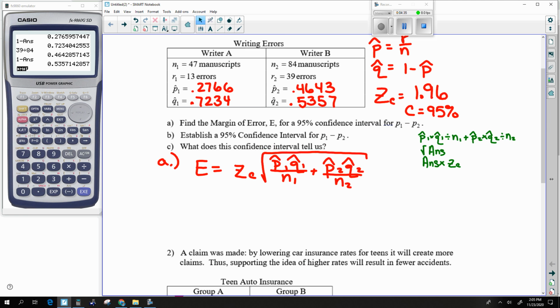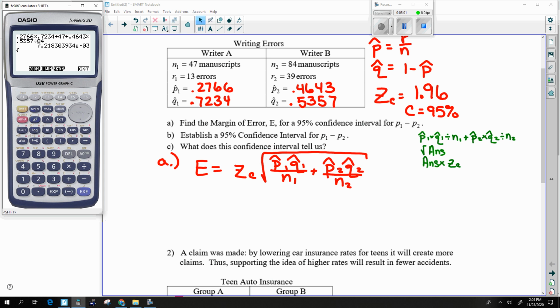So here we go. Let's start with that inside bit. And so that's p hat 1 times q hat 1 divided by n1 plus p hat 2 times q hat 2 divided by n2. Okay, not so bad. That gets us that inside piece.